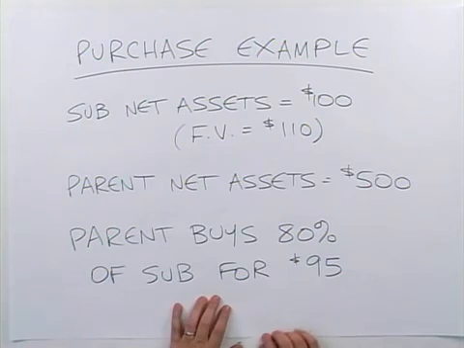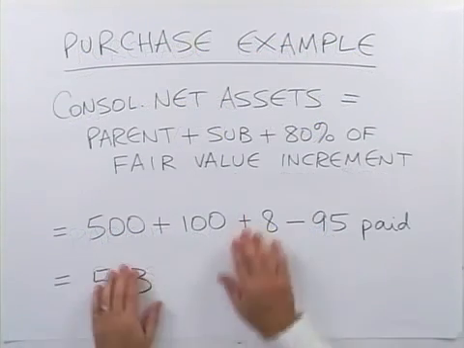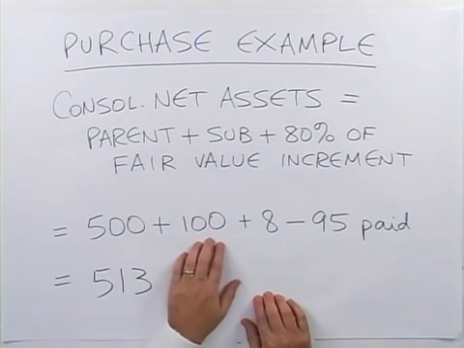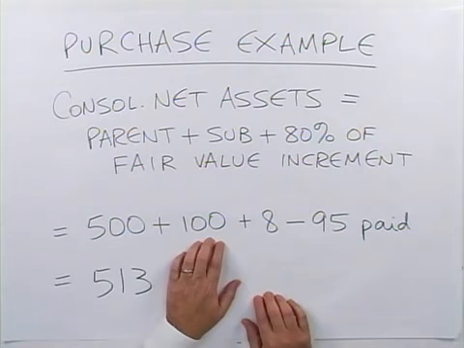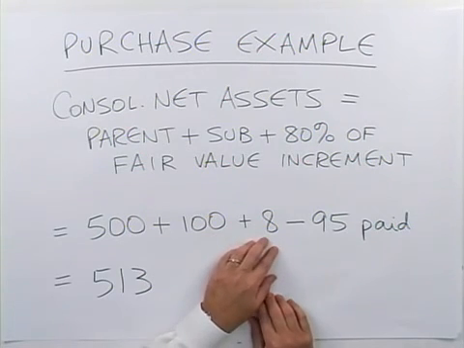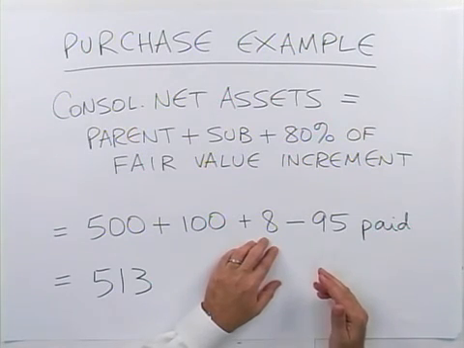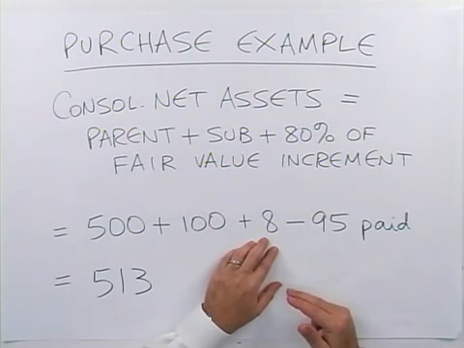Let's go through the example in detail and we'll see how we do the entire consolidation. The parent's $500 is going to be consolidated. The sub's $100 of assets are going to be consolidated, plus $8 for the parent's share of the fair value increment. Remember, the fair value was $110. The book value of the sub was $100.